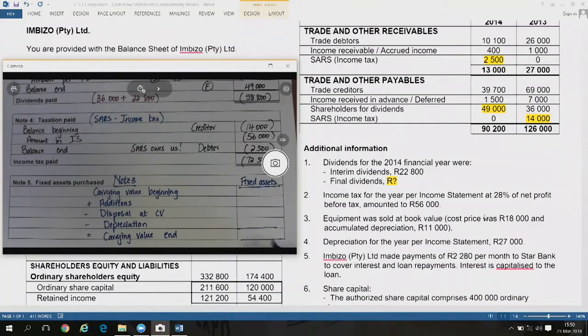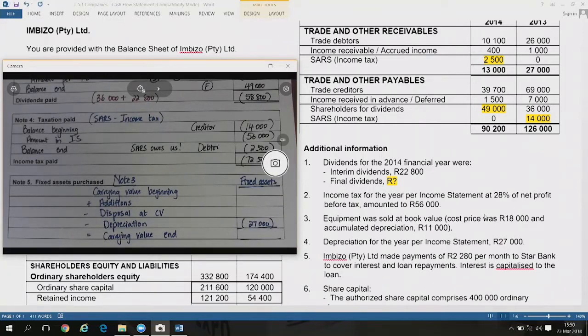Okay. The depreciation is 27,000, and remember there we minus it because it's minus depreciation.